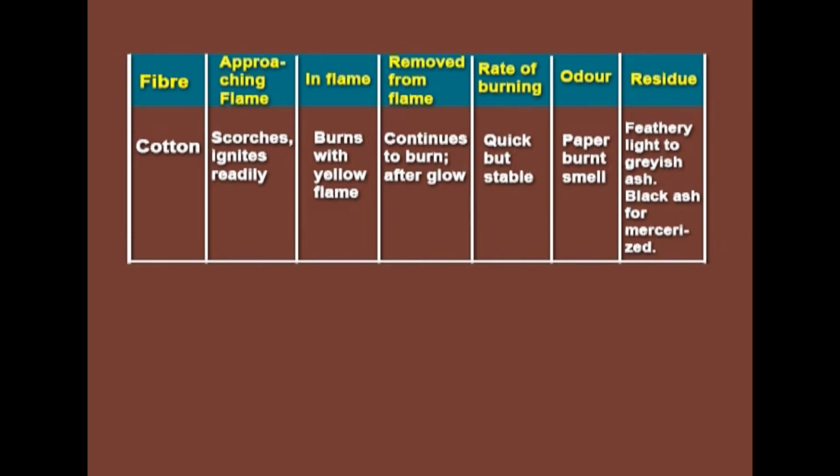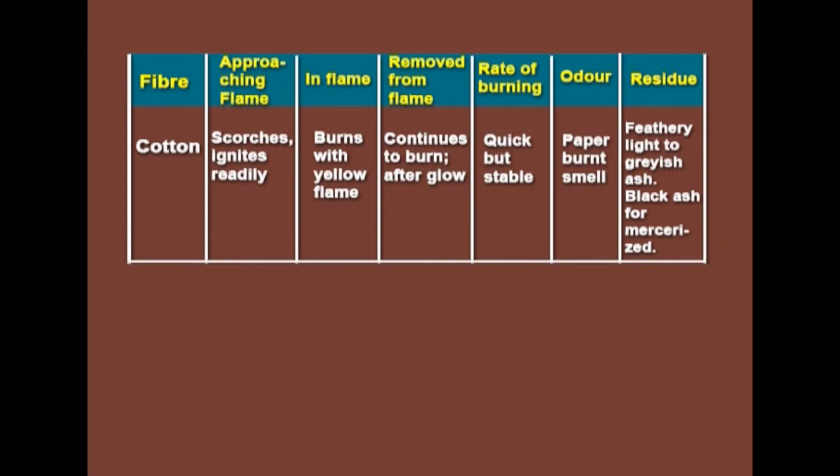When you take cotton fiber, cotton fiber is a cellulosic fiber and it is taken from the plants, and so you find that when it is taken near the flame, it ignites readily and also sometimes it scorches, and when you put it in the flame, it takes up the flame readily, and then it also continues to burn after removing from the flame, and it gives an afterglow.